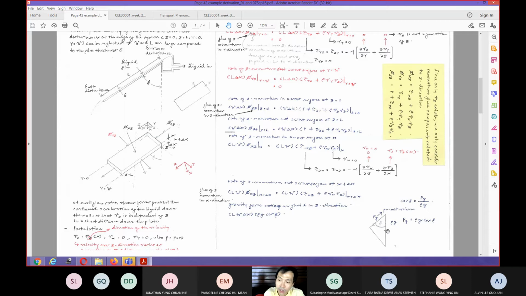Let's imagine we have this rho g and then we have this Fg. We are interested to find out the quantity of the Fg. If there is an angle of beta between the plate flow direction and the gravity direction, then we can simply take that this Fg is equal to rho g multiplied by cos beta.